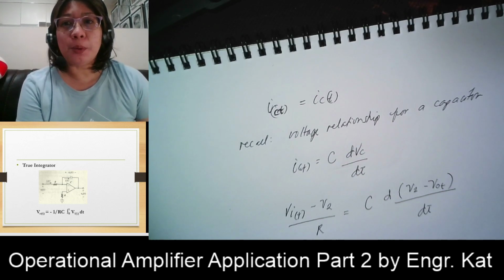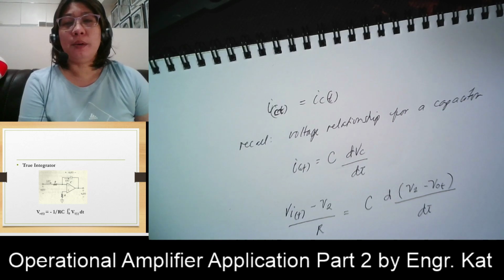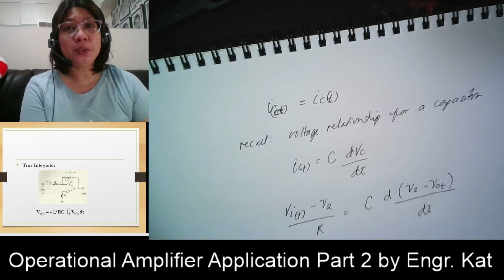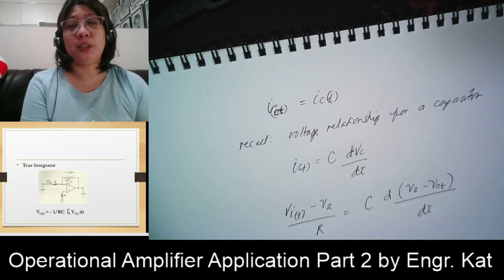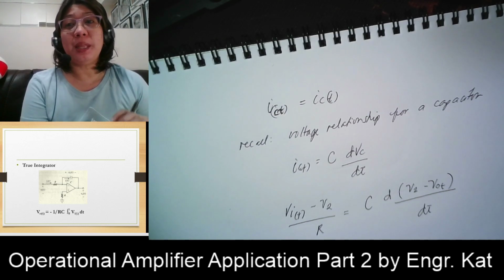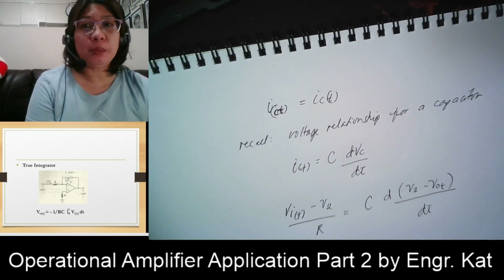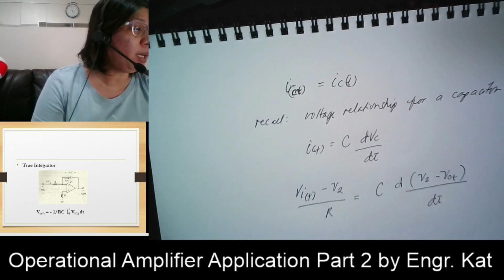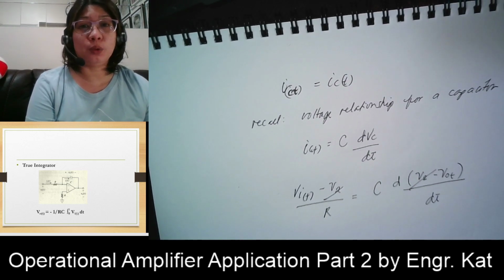Recalling again our virtual grounding, we also said that V1 is equal to V2, or there is no voltage that will enter your operational amplifier. Therefore, in this formula, our V2 is equal to 0.